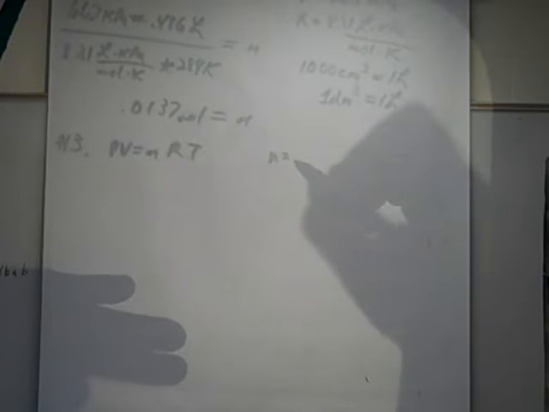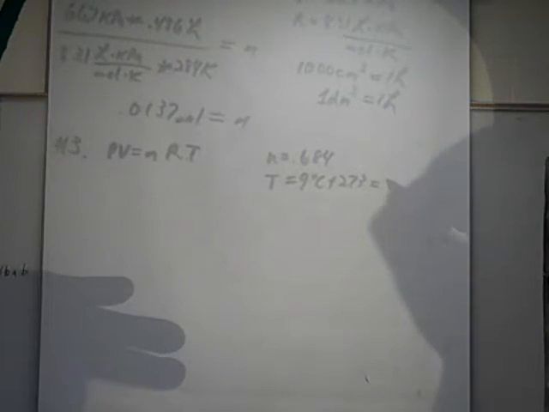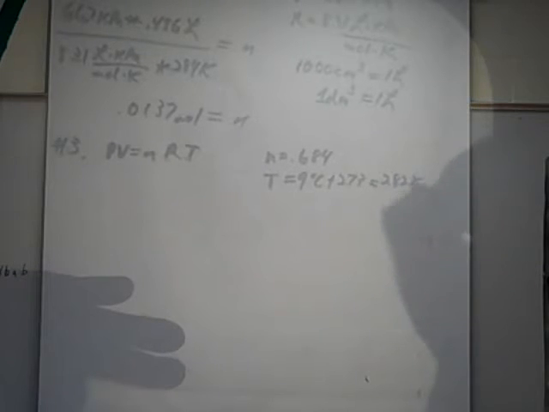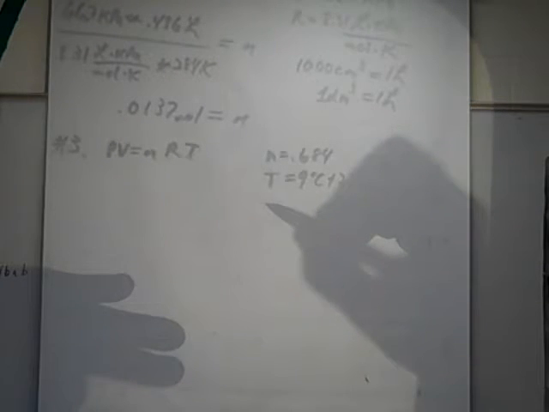You give us the moles, and the T. P is 99.1. V we're trying to find.